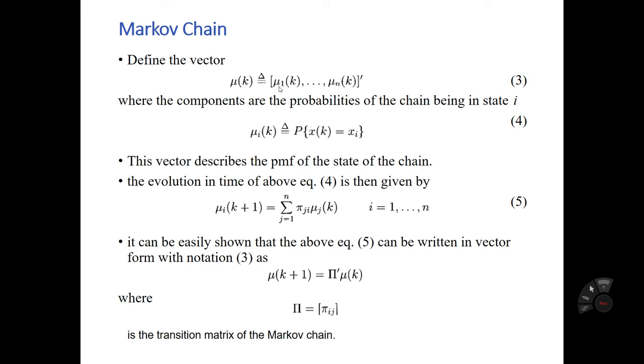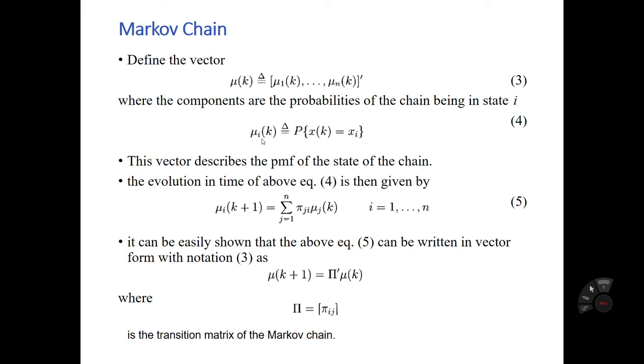So the probability of x1 and u1, u of 2 belongs to the probability of x2 at the same current scan. So these components are the probabilities of the chain being in state i.